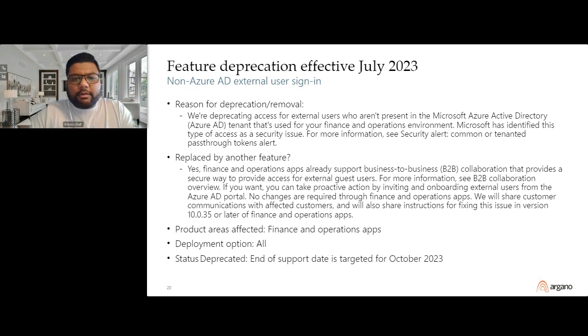No changes are required though for financial apps. More details will be shared with the affected customers in version 10.035 or later. And the support date is targeted for October 2023 for the deprecation.